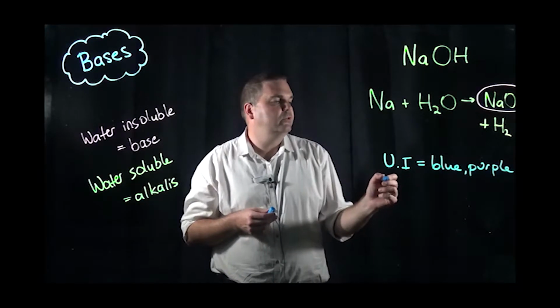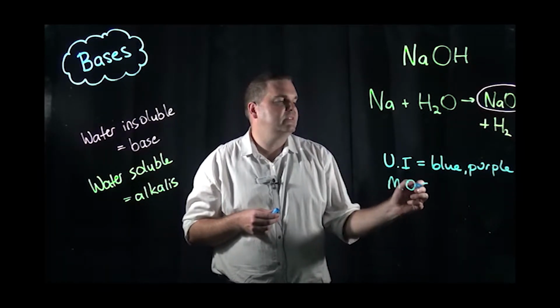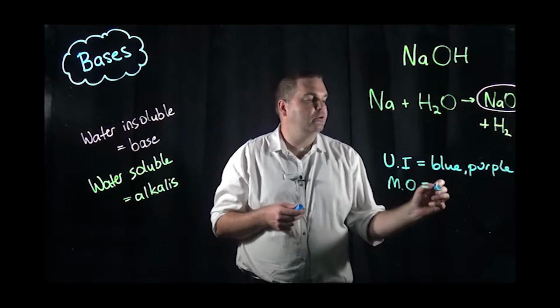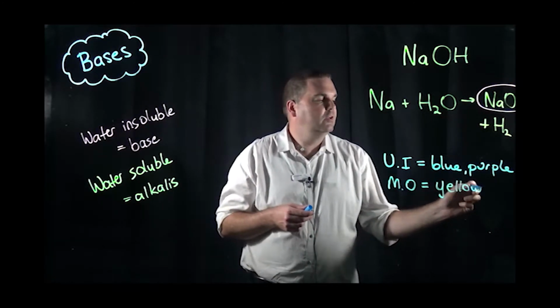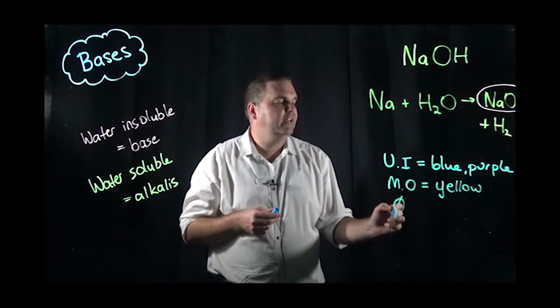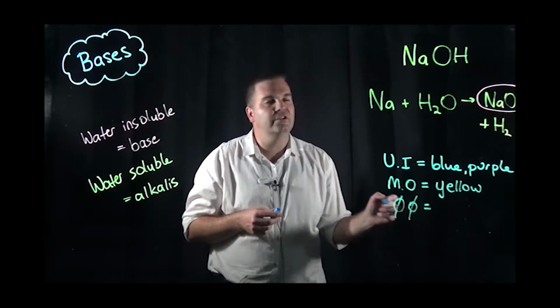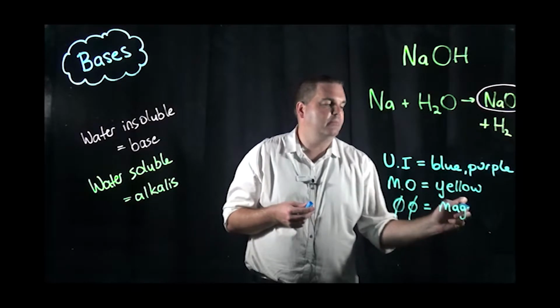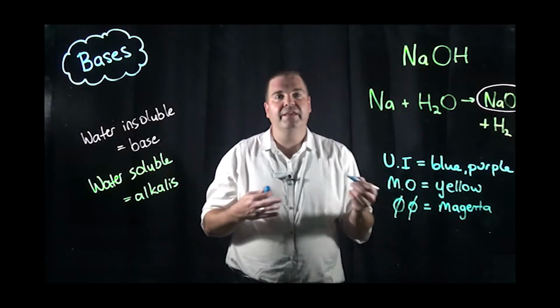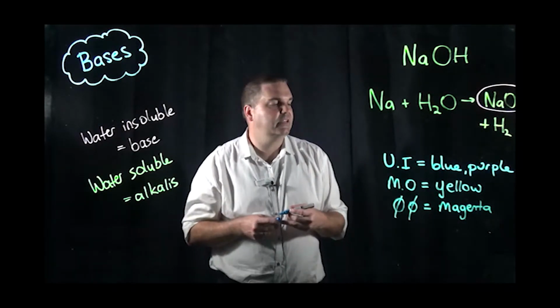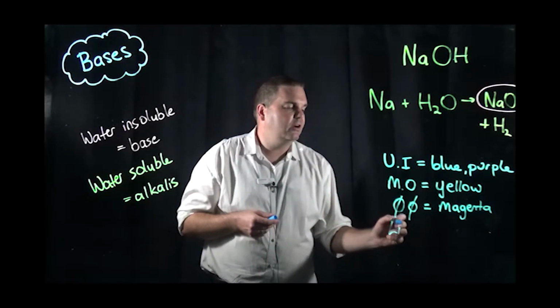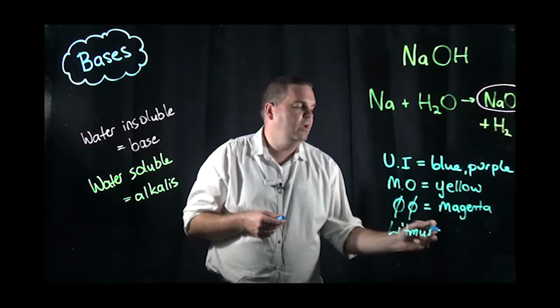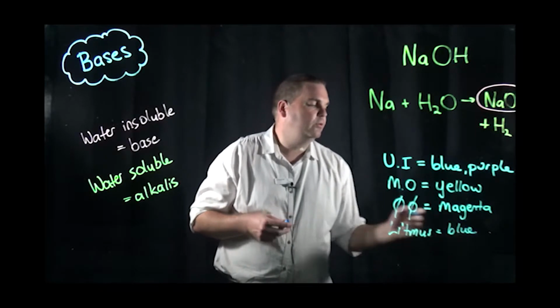You can also use methyl orange, which in a base goes yellow. You can use phenolphthalein as well, probably my favorite indicator to use, because when you put it in a base it goes this beautiful magenta color. Magenta is a purpley pink color, very clear that you can see. Another one you can use often is litmus, and litmus goes generally blue in the presence of a base.